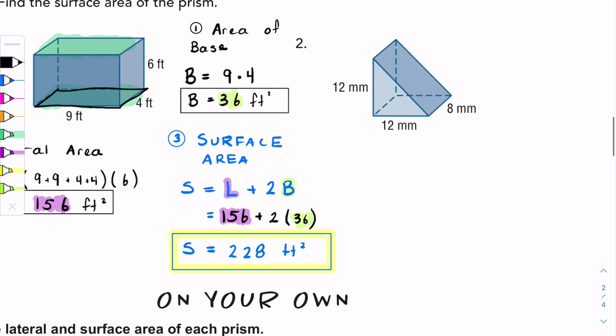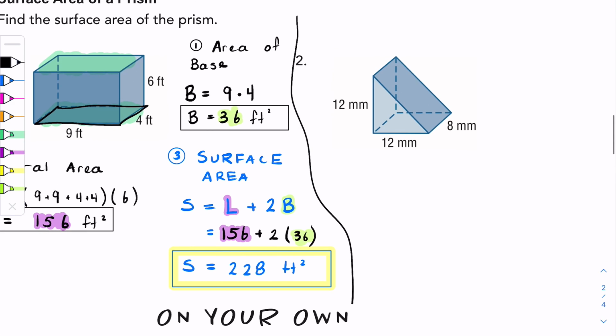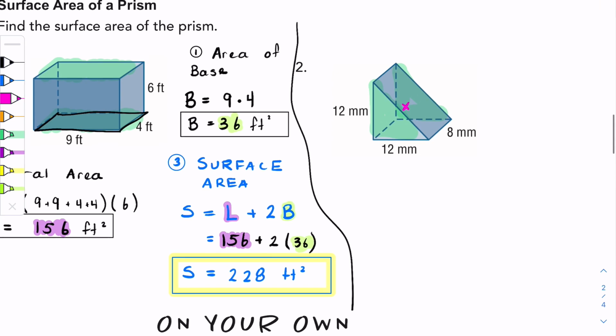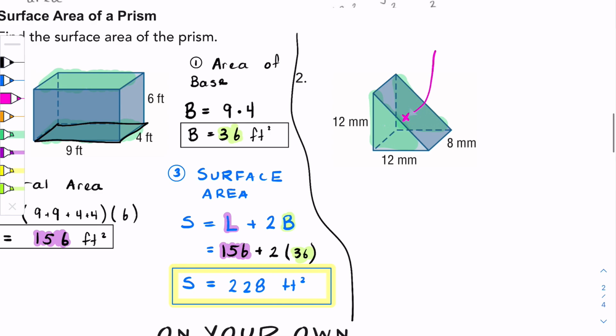Okay, for number 2, I'm going to work a little faster through this one, but we're going to follow the same process. Before we start number 2, we need to recognize that we have 2 bases, which are triangles, but we actually are missing a side length. So I need this length here in order to do the final calculations. So let's do this off to the side real quick.